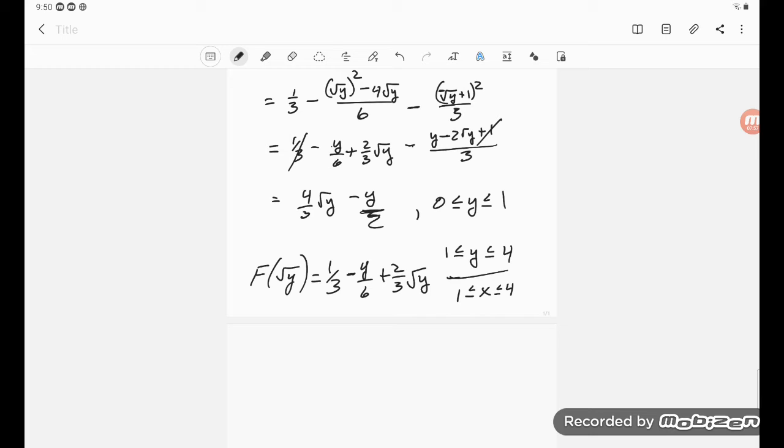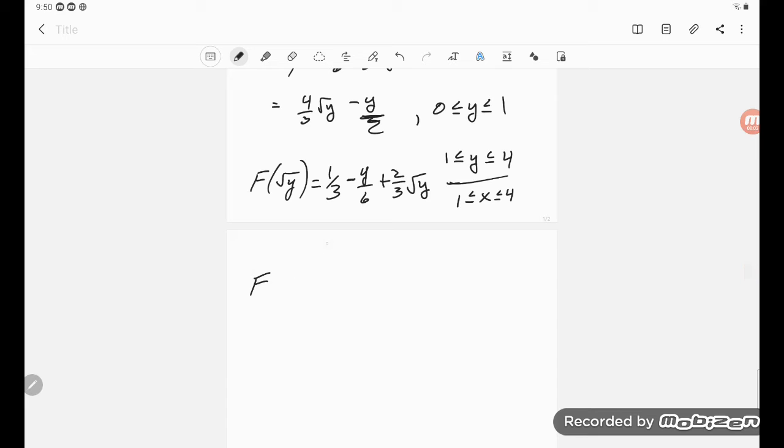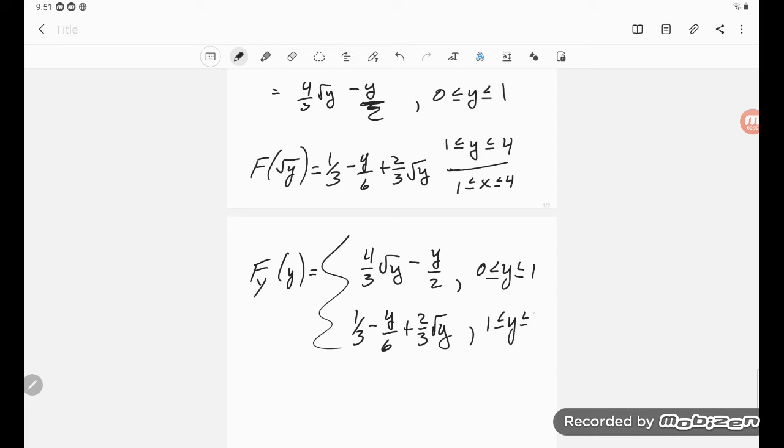Okay, and so then what I have determined is that my F sub y of y is equal to 4/3 square root of y minus y over 2, and that's for 0 less than or equal to y less than or equal to 1, and 1/3 minus y over 6 plus 2/3 square root of y, and that's for 1 less than or equal to y less than or equal to 4.